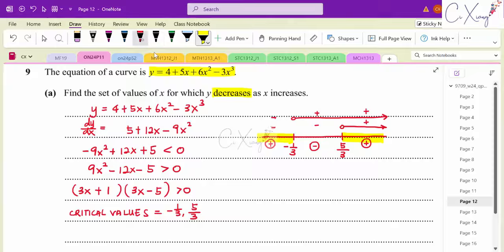So we can just write out the answer. From here, you can see that when x is smaller than negative 1 over 3, the whole expression is positive. Same thing happens here: when x is greater than 5 over 3, your expression will be positive. So this is the set of values for x where the y is increasing. Sorry, is decreasing.